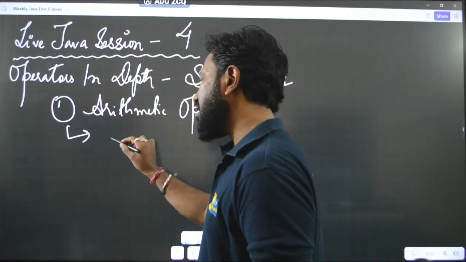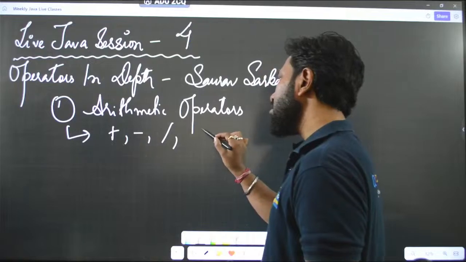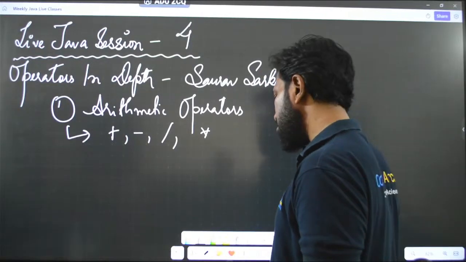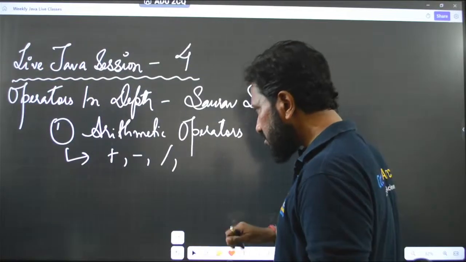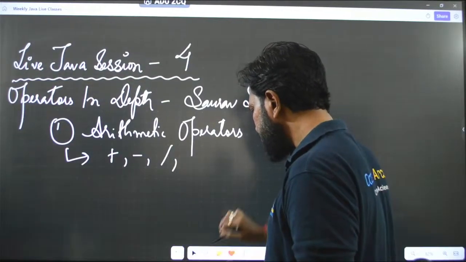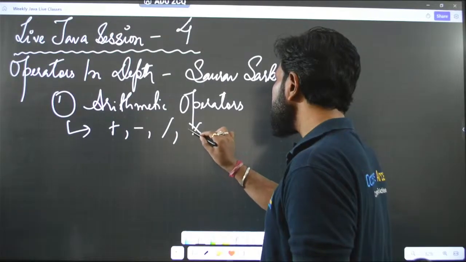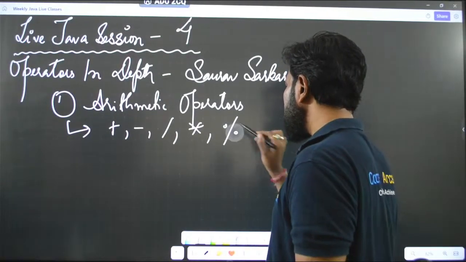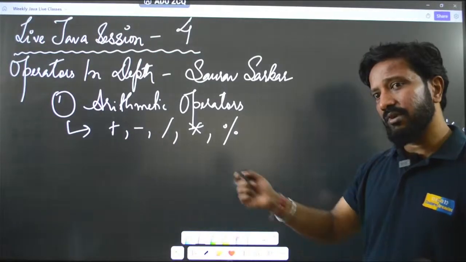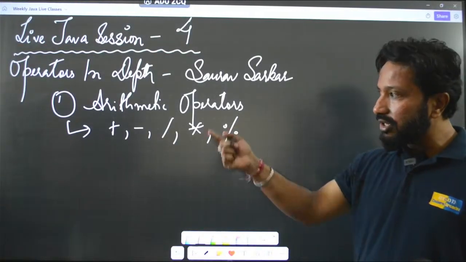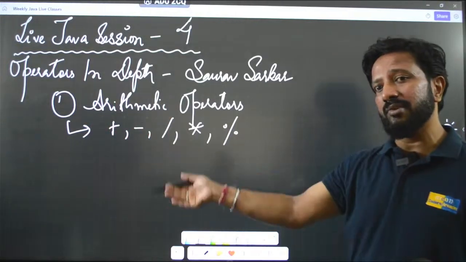In arithmetic we have the plus, the minus, the divide, the multiplication, and then we have the modulus. All these 5 we have already discussed in the last session. Guys, if you have not gone through that session, please go through that session, because otherwise you might find it a little difficult to go on with this class.